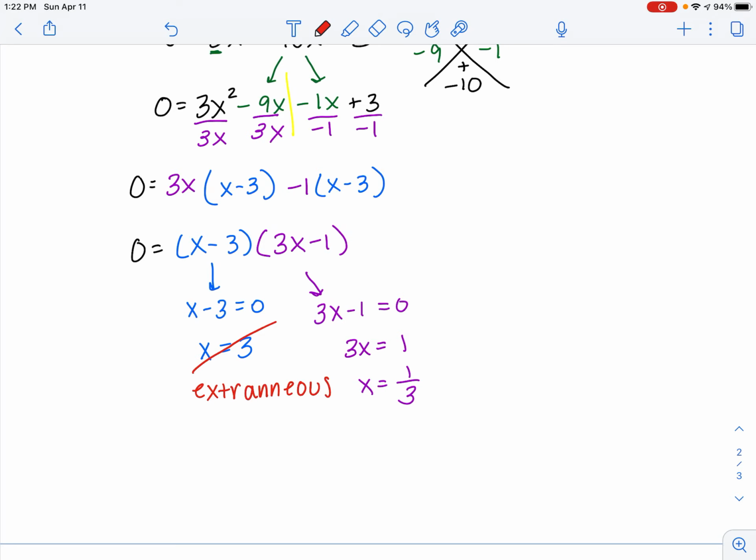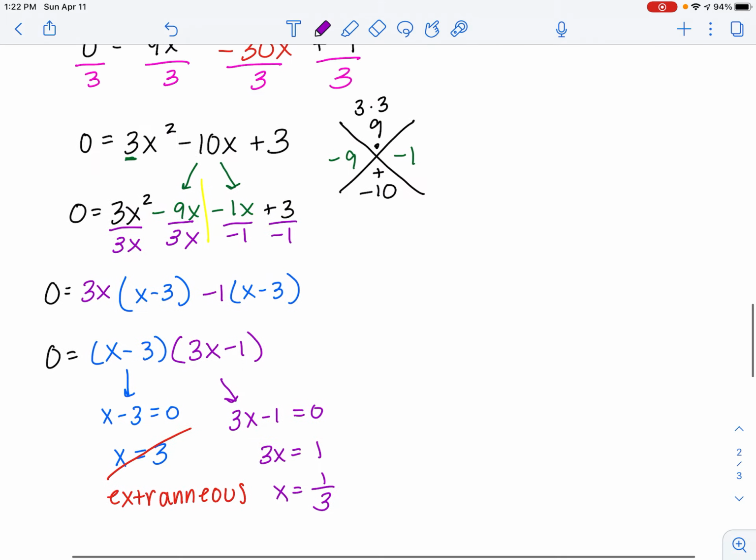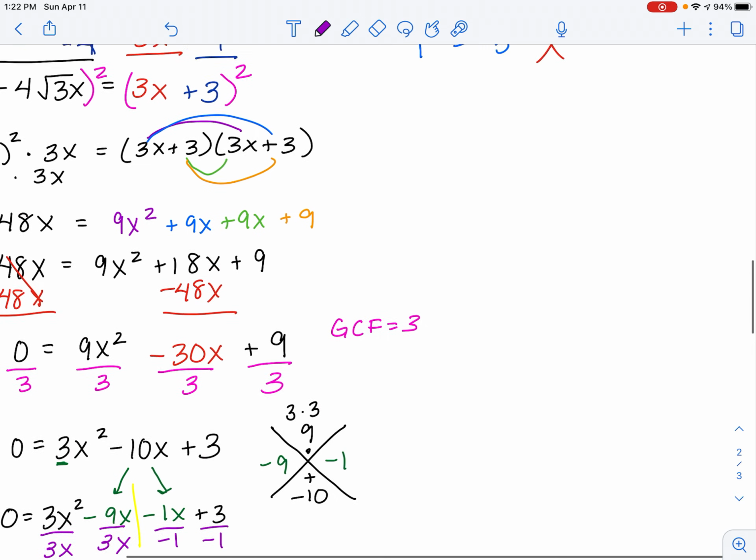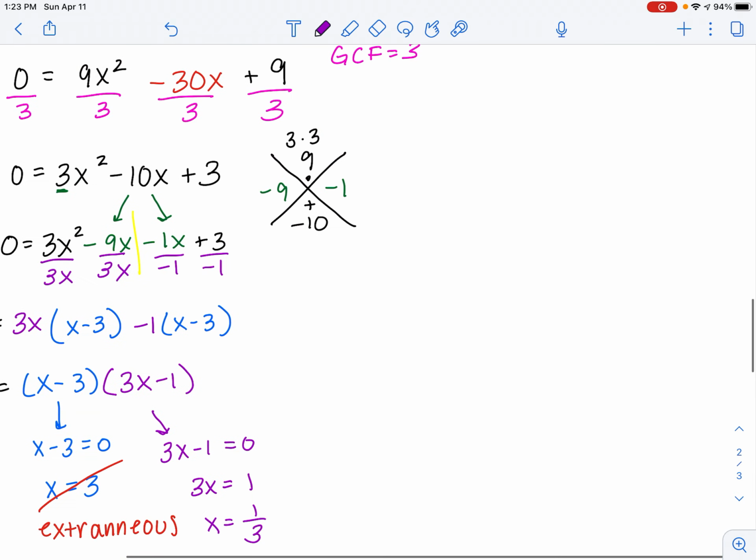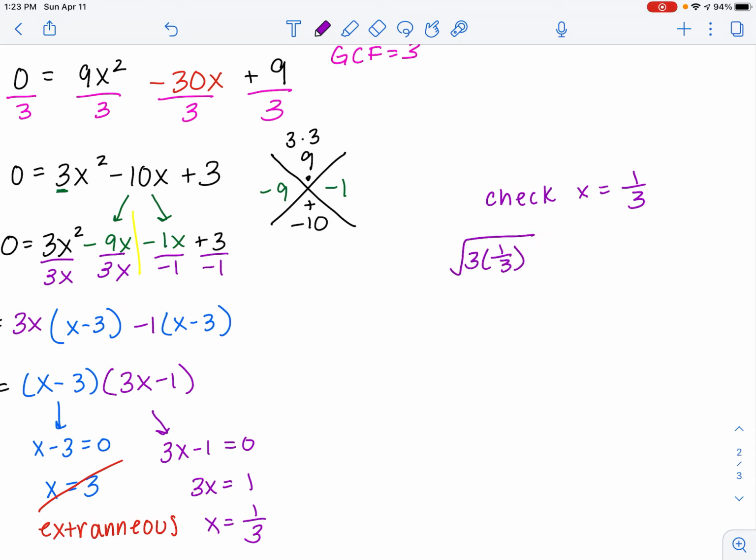Then I have to check x equaling 1/3. We'll go down here, there's more room down here. So we check x equaling 1/3. 3x is going to be 3 times 1/3, that's still in a square root, minus 2 equals the square root of 6 times 1/3 plus 7. 3 times 1/3 is the same as 3 divided by 3, so that's 1.